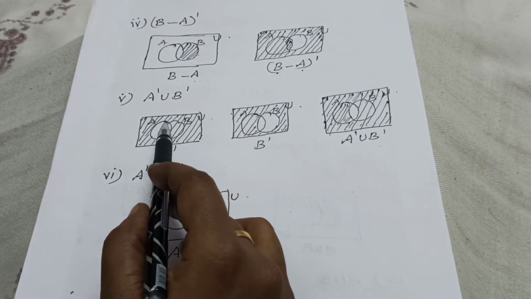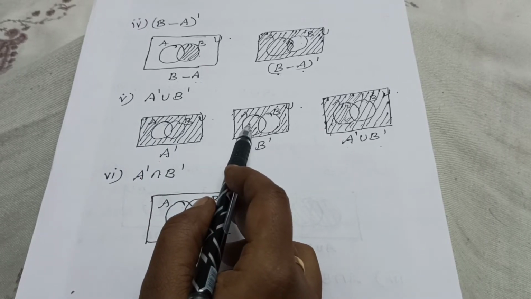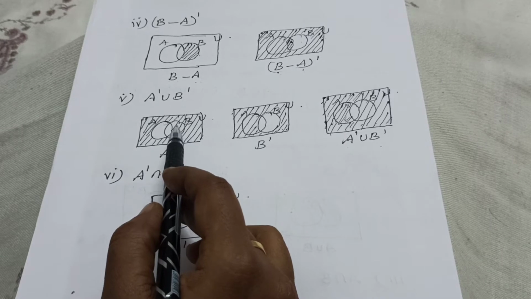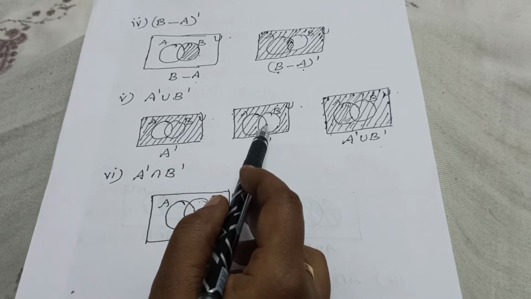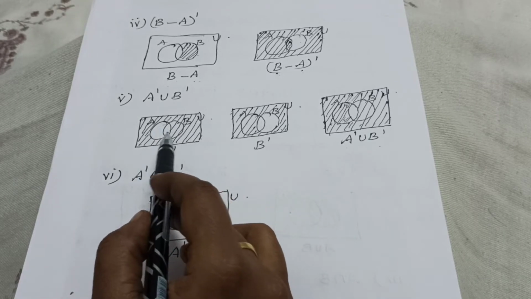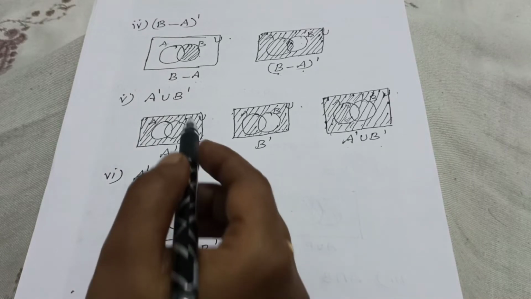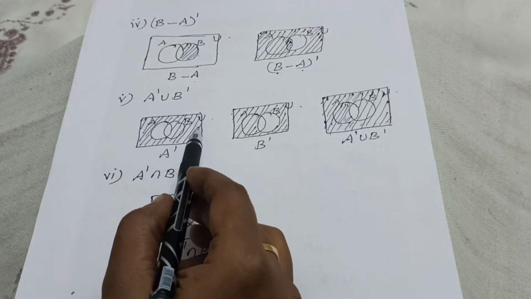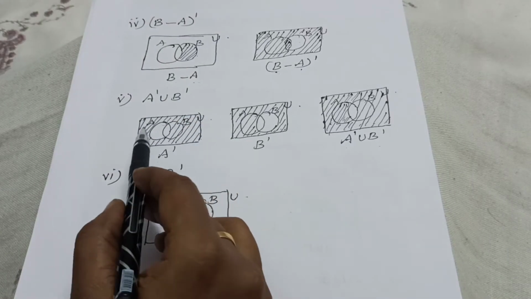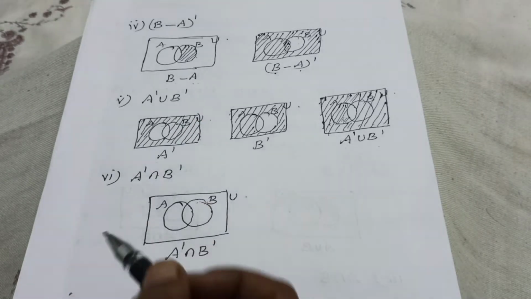Then you see, the A set here did not shade, but here it is shaded, isn't it? Here the B portion is shaded, but here it did not shade. So this A and B is not common. Then the common region is only the universal set, only outside it will come.